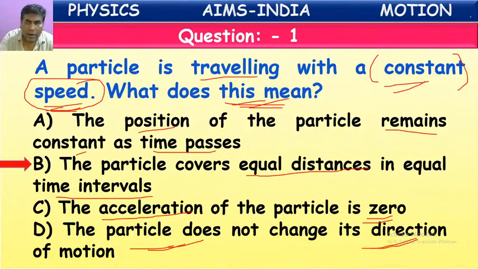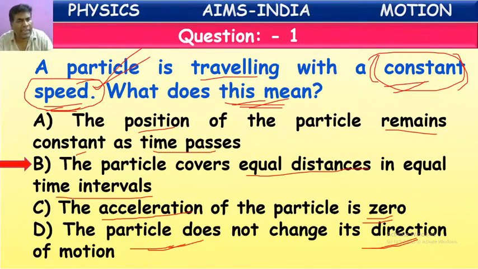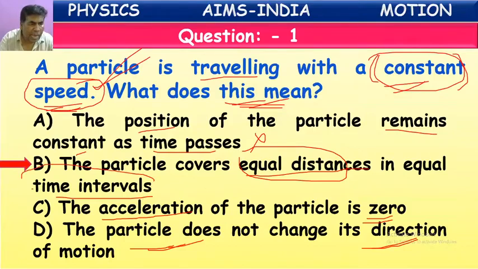Here, constant speed means it is having speed. It is having speed means automatically its position will change. So this is a wrong answer. What is constant speed? Equal distances in equal time intervals. That is the correct answer.